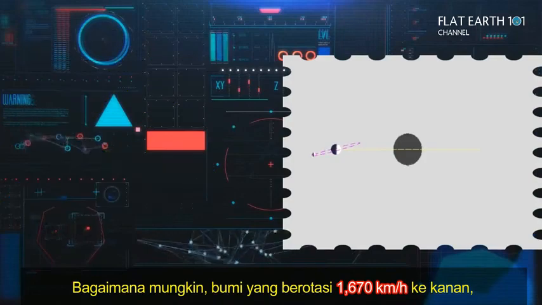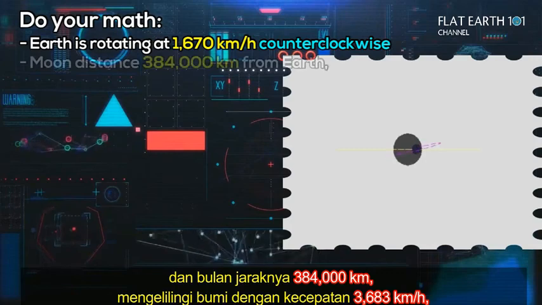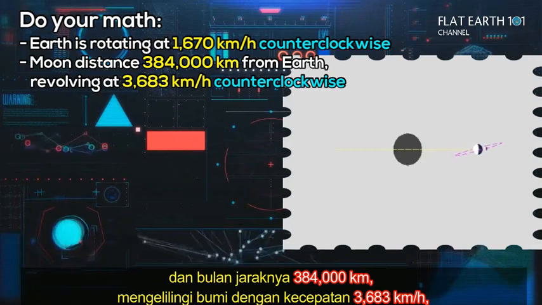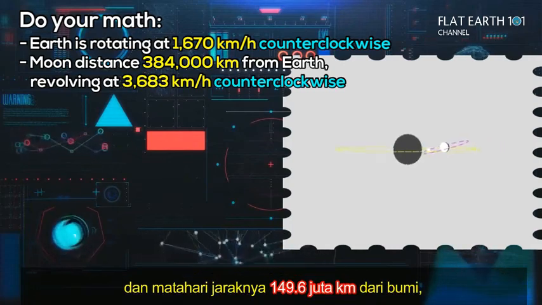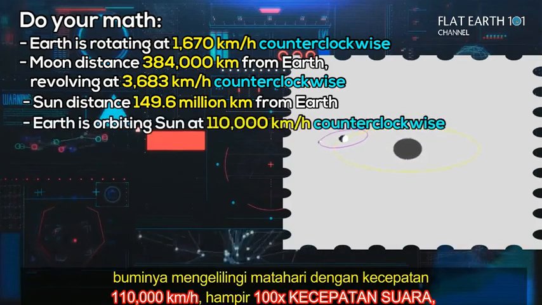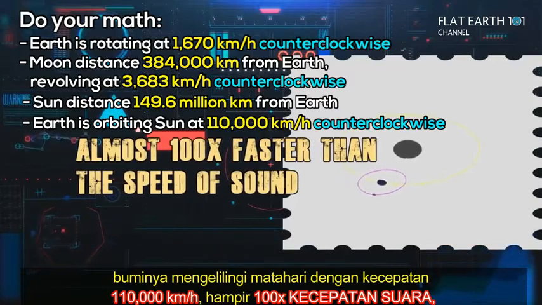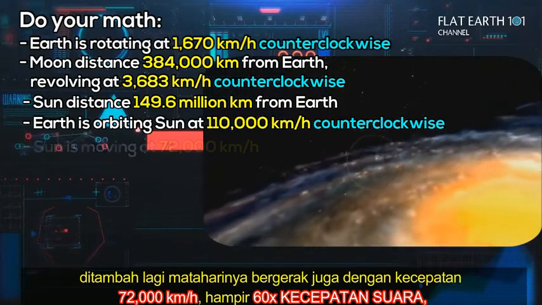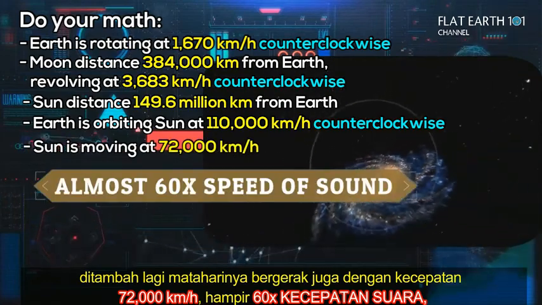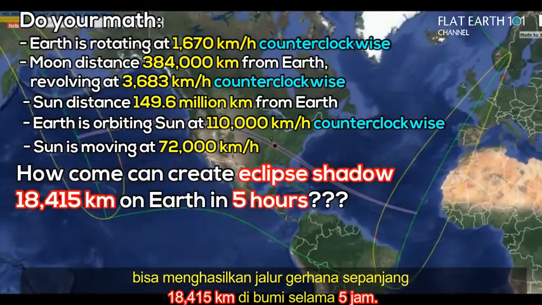How come the Earth that's rotating 1,670 kilometers per hour to your right, and the Moon 384,000 kilometers away, orbiting the Earth at 3,683 kilometers per hour, and the Sun 149.6 million kilometers from the Earth, while the Earth is orbiting the Sun at 110,000 kilometers per hour, almost 100 times faster than the speed of sound, plus the Sun is also moving at 72,000 km per hour, almost 60 times faster than the speed of sound, can create an eclipse shadow 18,415 kilometers on Earth within 5 hours?